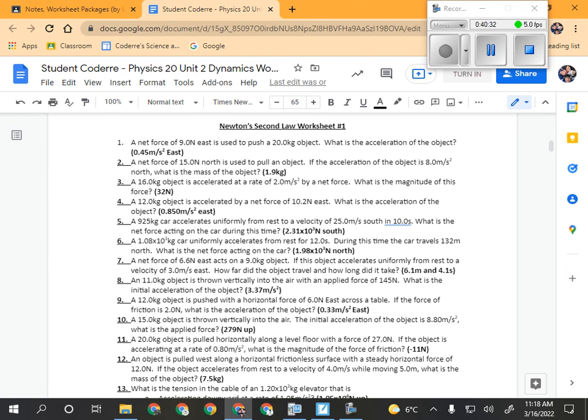Okay, so this worksheet is the start of Newton's second law. And the first question is ridiculously easy, like it's already beneath you. So give these a try here.